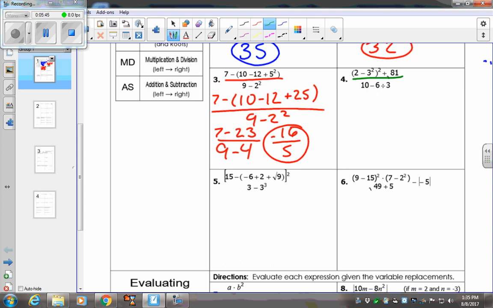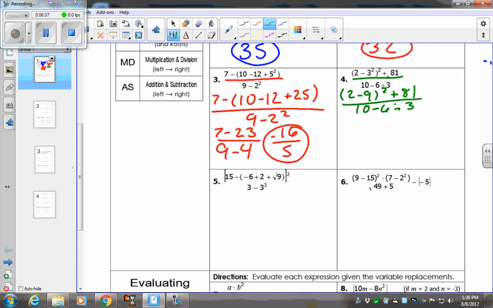So if I have 2 minus 3 squared, what is 3 squared? 9. All right, what is 2 minus 9? -7.